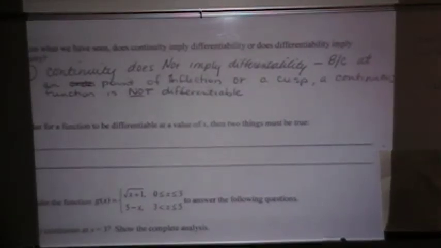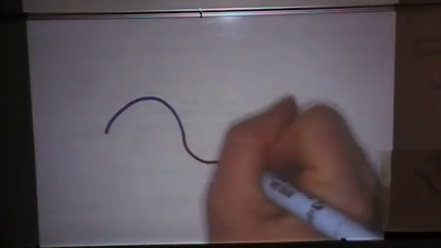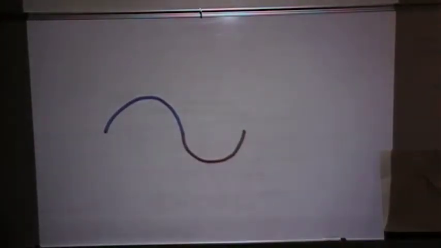So let me explain to you real quick what a point of inflection is. And then obviously, I think after we explain a point of inflection, it'll make sense what a cusp is. If you have a graph, let's just say it's a sine wave, and it looks like this. You know how sine waves look. I'm going to write it in two colors though. But just think of it, it's just a sine wave.